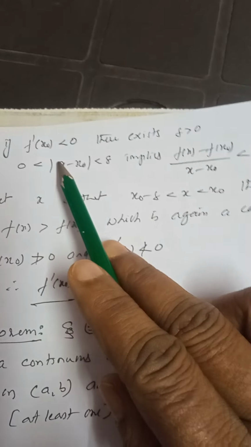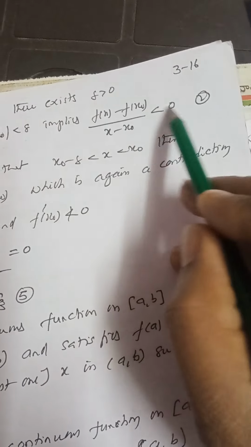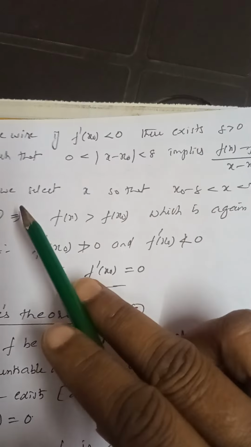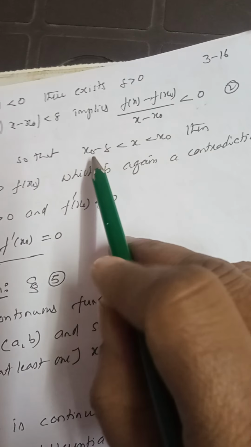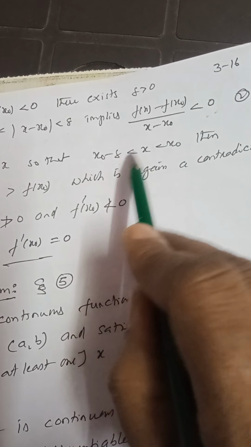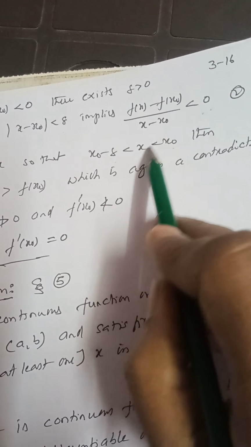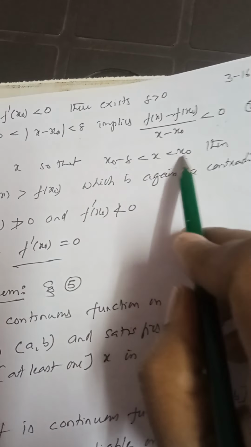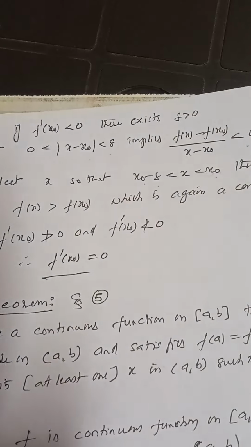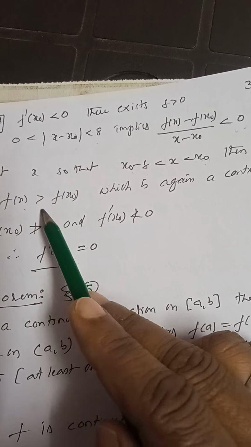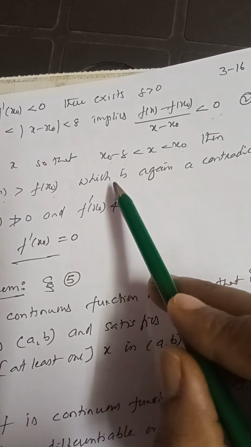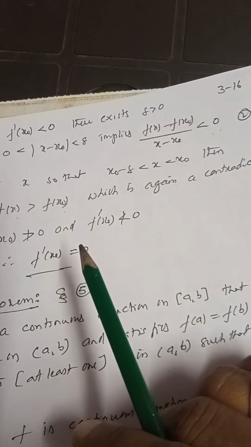If it is less than 0, then this value is also less than 0. If we select x between x naught minus delta and x naught, now we have to choose an x value between these two. Then from equation 2, f of x is greater than f of x naught, which is again a contradiction.